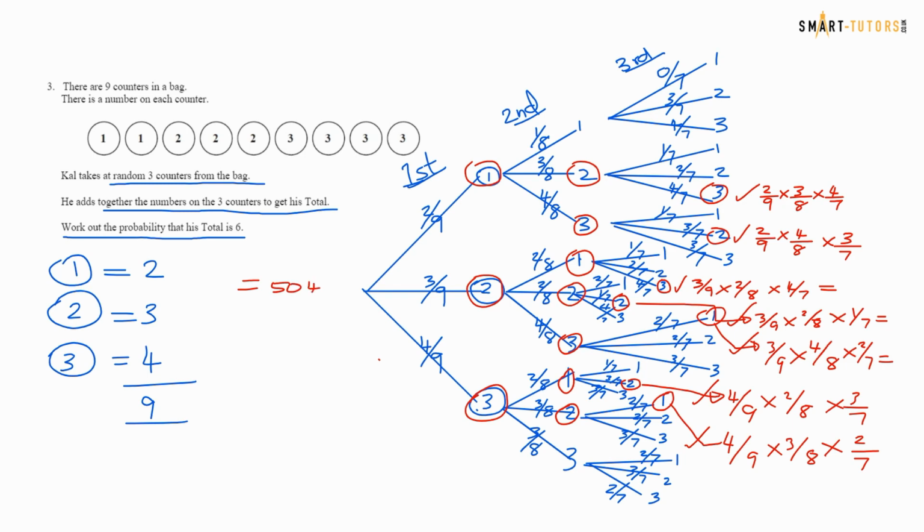So 504 at the bottom. The top number is 2 times 3 is 6 times 4 is 24, plus 2 times 4 is 8 times 3 is 24 over 504, plus this one, 4 times 2 is 8 times 3, 24 over 504, and this one, 3 times 2 is 6, 6 times 1 is 6, 6 upon 504, and plus 24 upon 504.